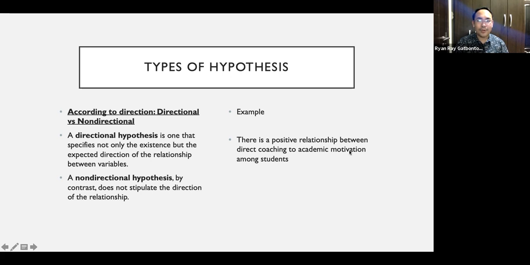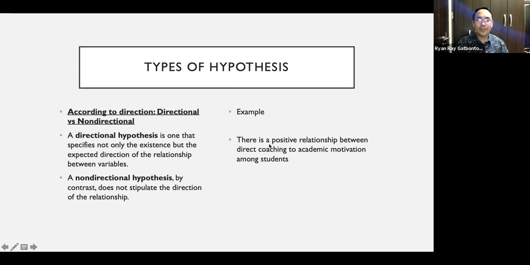If you read this example, the key term that tells you this is a directional hypothesis is the presence of words that denote direction, like positive or negative.